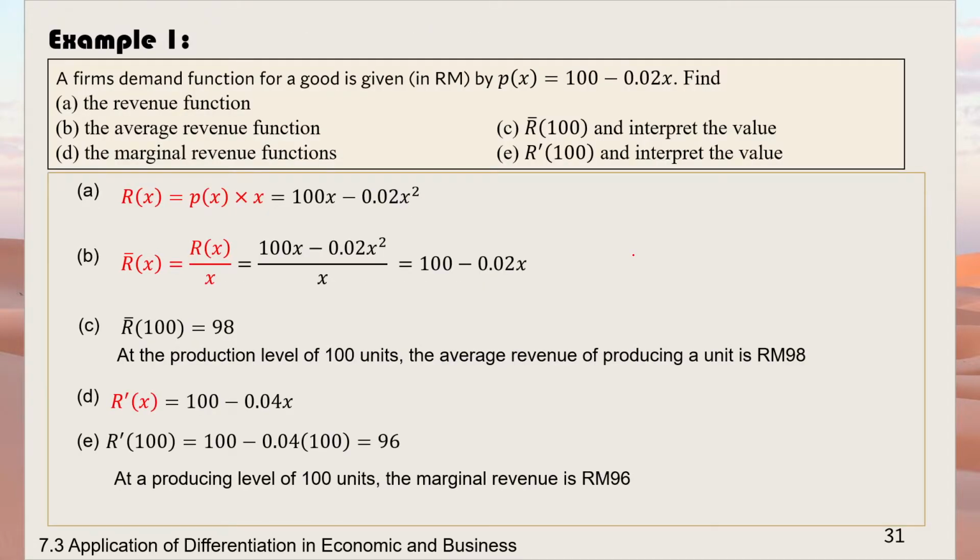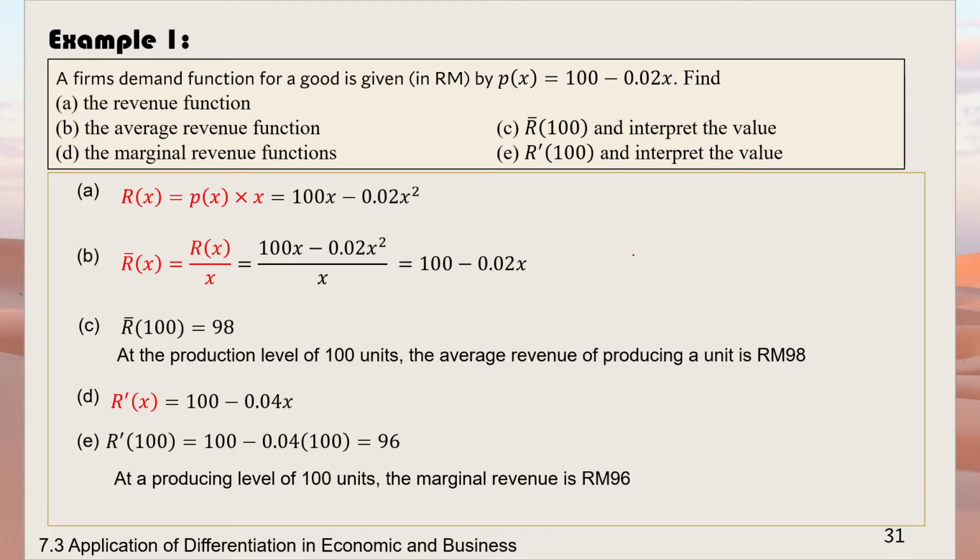Okay, so we look at the first example for the revenue. A firm's demand function for a good, okay, good over here actually is called product, for a product is given by Px equals to 100 minus 0.02x. Find the revenue.